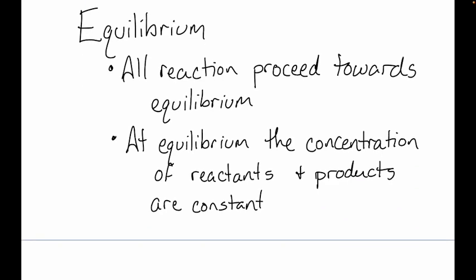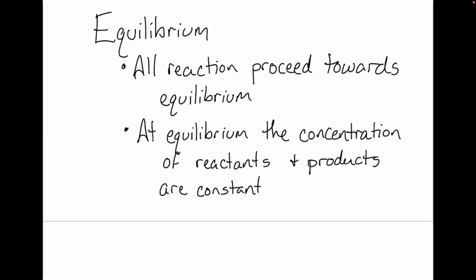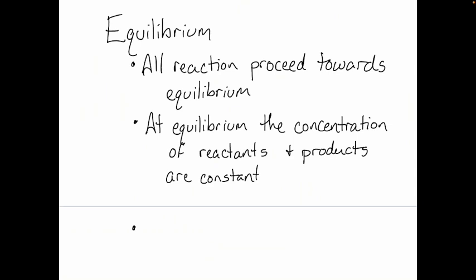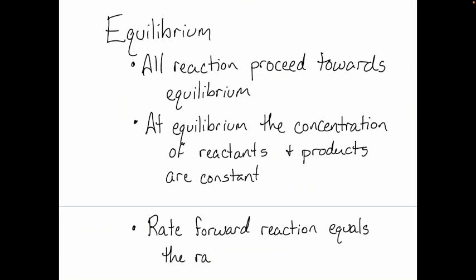All right, and then the last thing that we're going to note about equilibrium here is that at equilibrium, the rate of the forward reaction equals the rate of the reverse reaction.